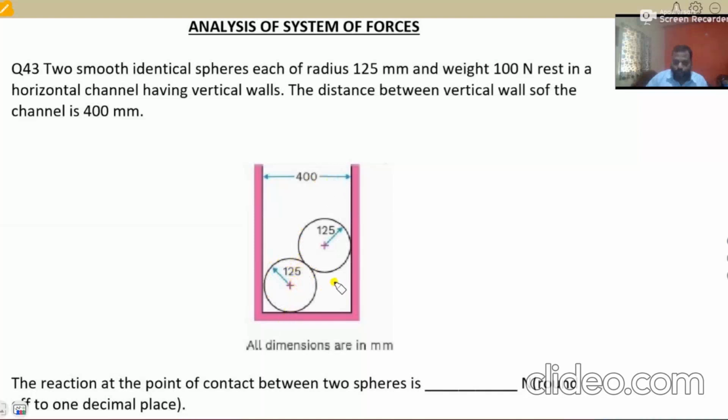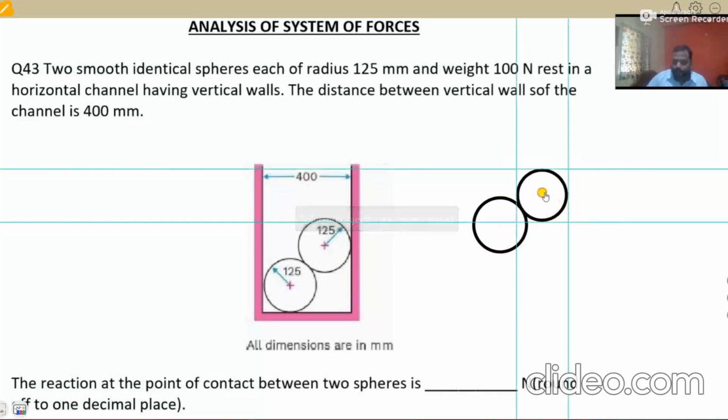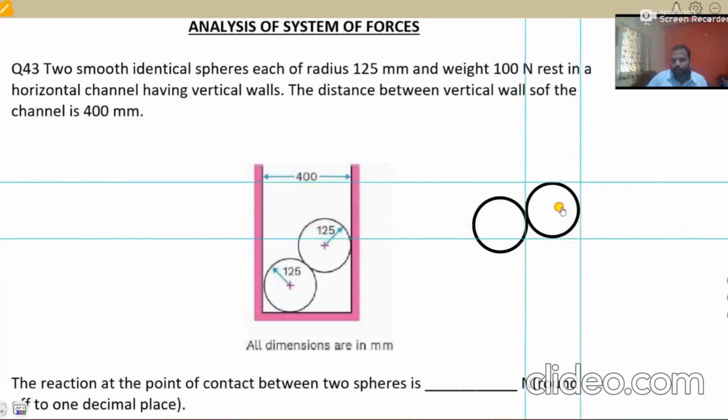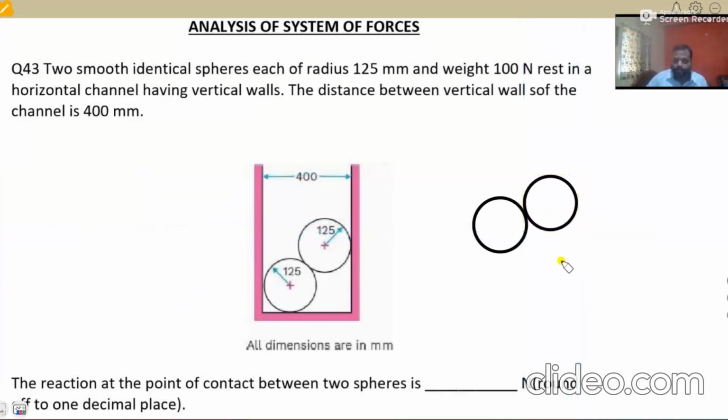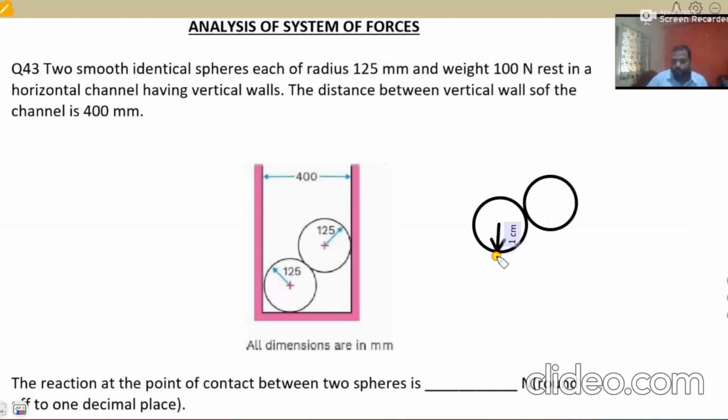We have to create a free body diagram, with the same dimensions. First, consider the weight that will be acting vertically downwards from the center of both spheres.